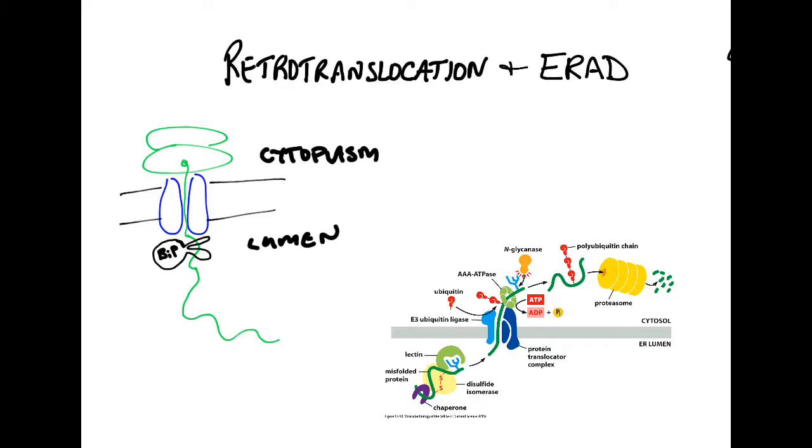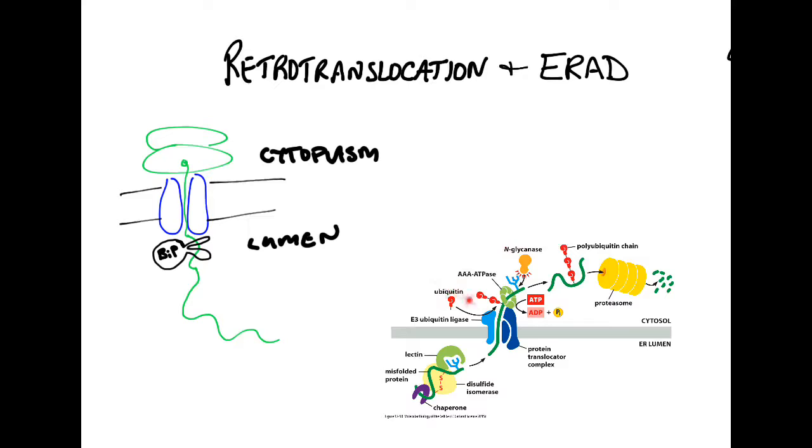So there's one additional component that we've got to deal with, and that is that oligosaccharide that was introduced early on in the co-translational translocation process. There are cytoplasmic enzymes that remove those carbohydrates, and they're referred to collectively as N-glycanases.